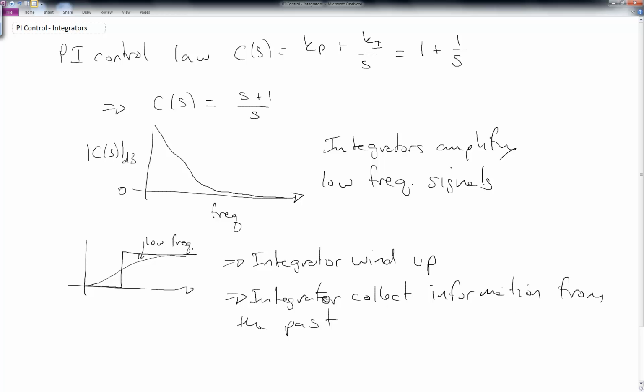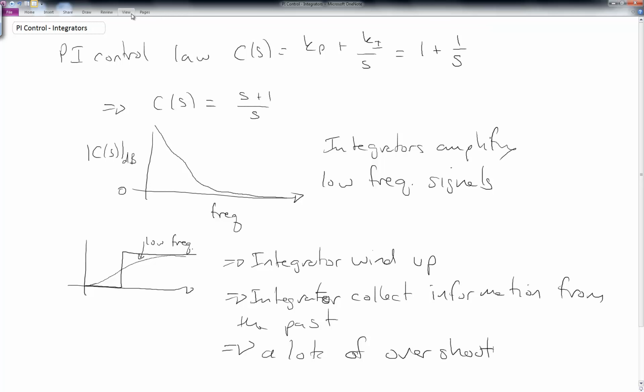As it collects this information and another large change comes along, it takes a while to respond. The net result is that we tend to get a lot of overshoot from integrators. Obviously, integrators are great for reducing steady-state error, and derivatives are great for reducing overshoot, but they also have adverse effects.